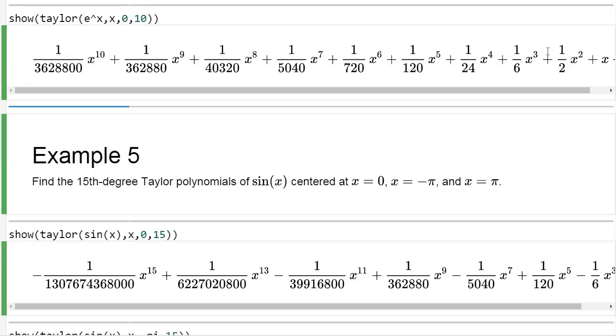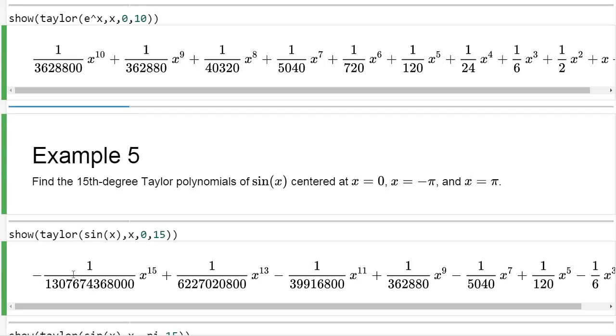E to the x has exactly the same terms as sine and cosine together, except the signs are wrong. If you used imaginary numbers, you imagine putting an i in here, where you raise i to various powers, and you could potentially cancel out this minus sign.